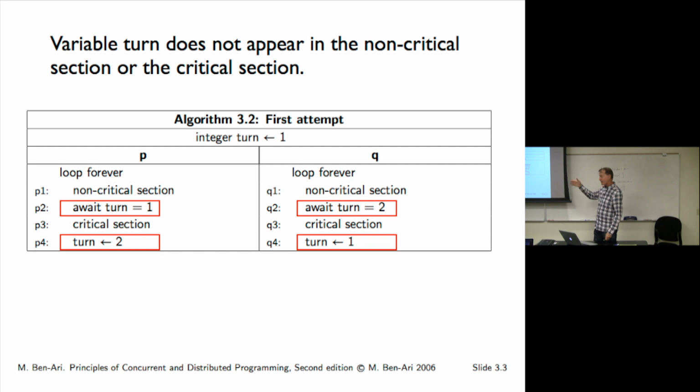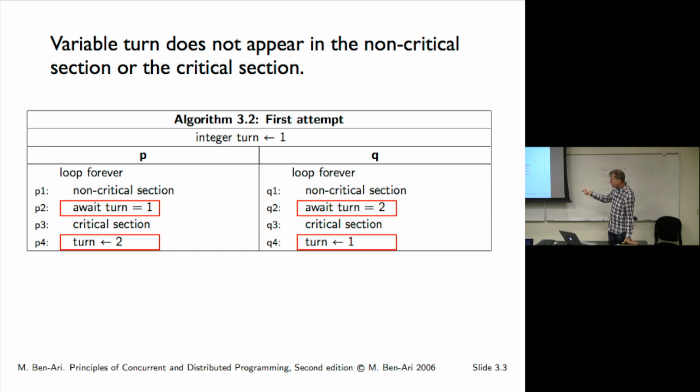Now we're going to analyze this in a lot of detail. I just described this in English very simply, and you can kind of see what's going on, but we're going to use some tools that we will rely on for analysis of other concurrent programs later on. So first of all, remember one of those requirements: turn is a variable that appears in the pre-protocol and the post-protocol.